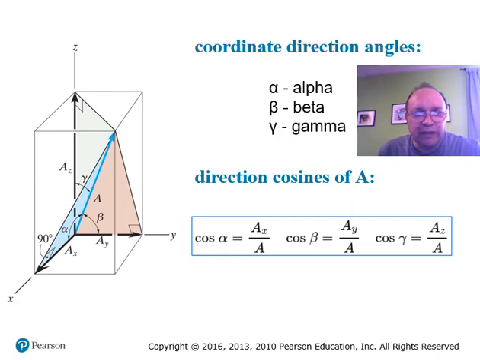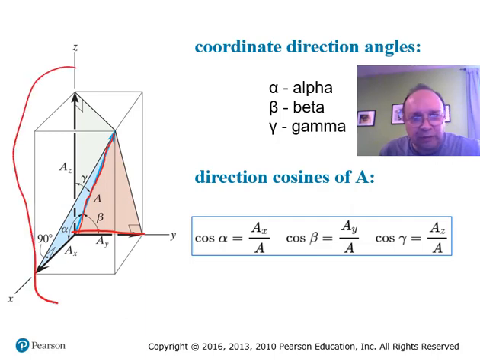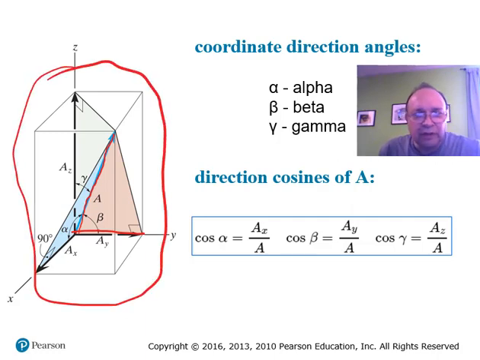If we look at the vector A and the y component a sub y here, if you see this parallelogram here, then you look at this diagonal of one of the sides of the parallelogram, you have this right triangle. This pink triangle here. Let's take a look at that triangle.